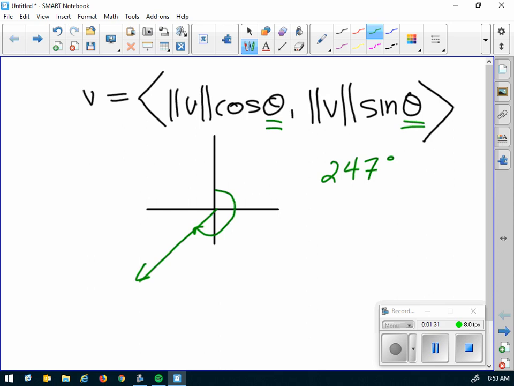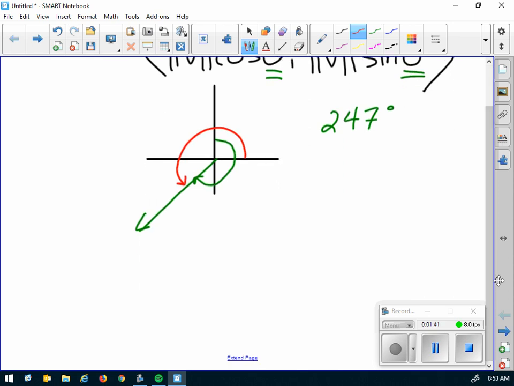That's not an angle we can put in our calculator. We need this angle right here. How are we going to figure out that red angle? Yep, you're going to find that reference angle. Now, you can do this a couple ways. You can do 270 minus 247 to find that little piece. What is that little piece? That's 23 degrees. So what's this piece?